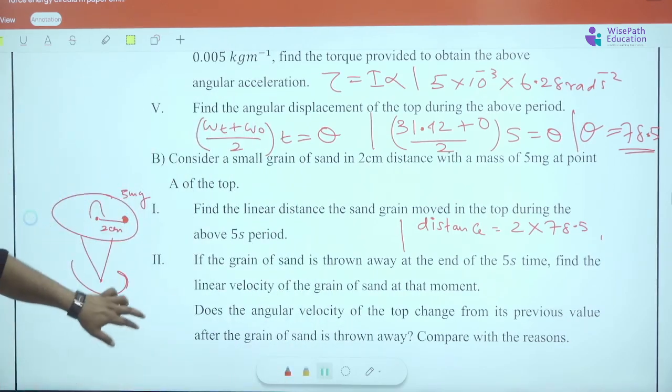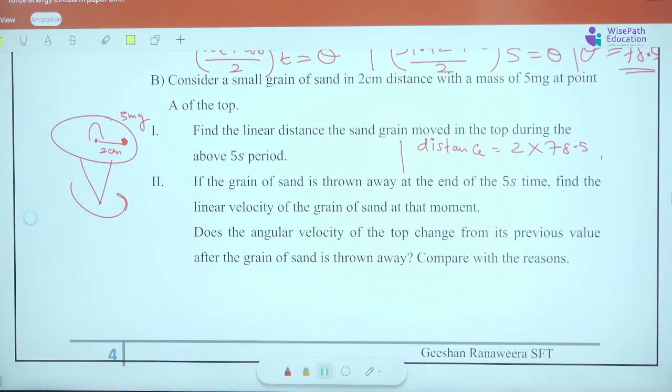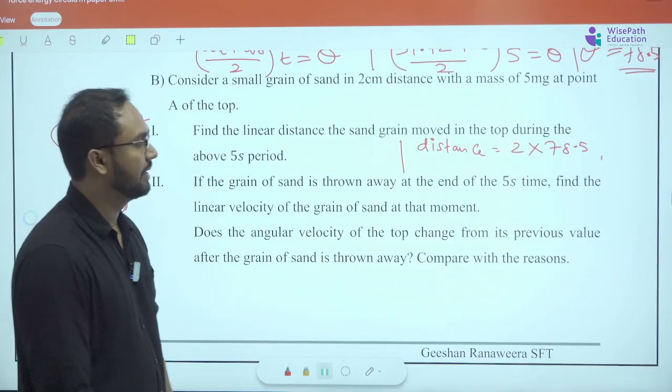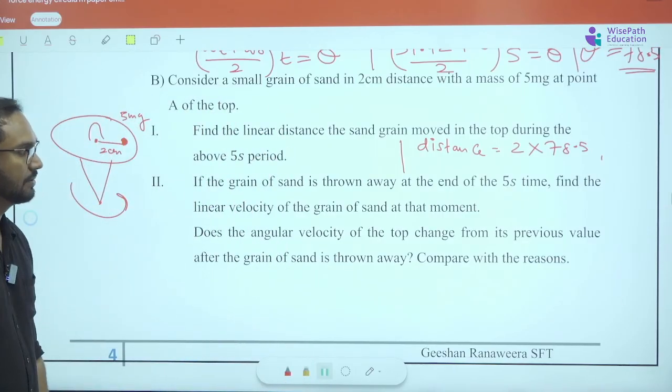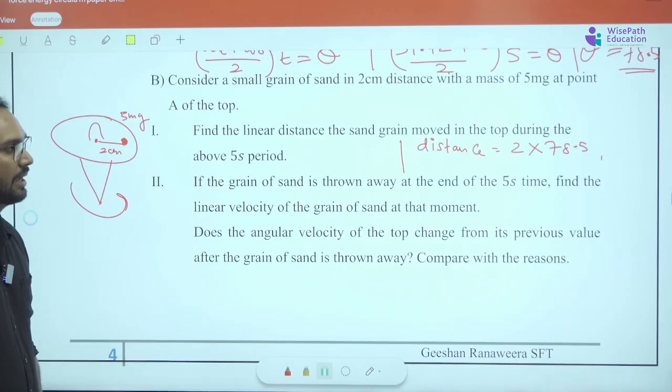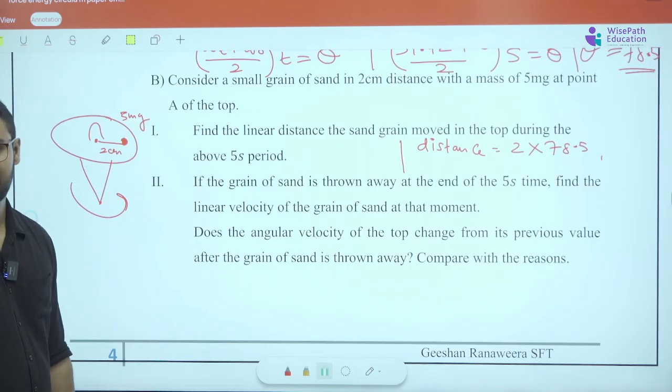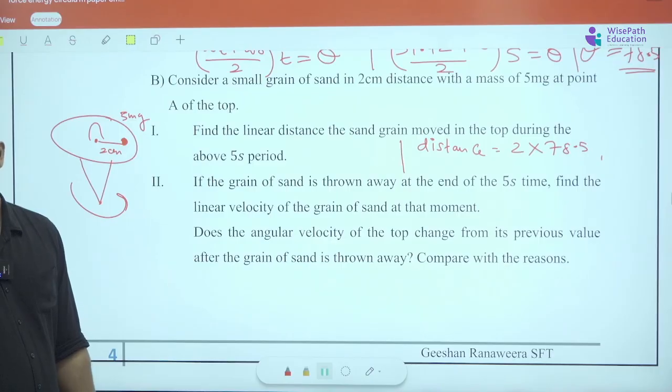Yes, next question. If the grain of sand is thrown away at the end of the 5 seconds of time, find the linear velocity of the grain of sand at that moment. What is the equation there? v equals r omega, right?